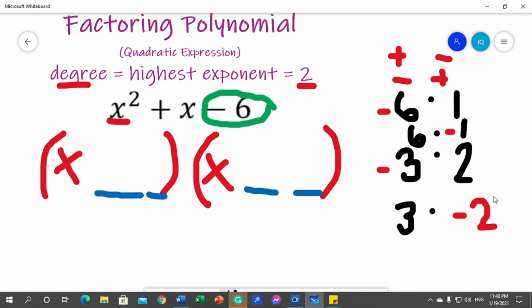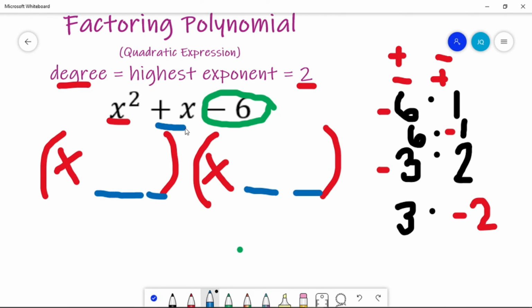So how are we going to determine which of these 4 factors of the constant term will be the right values to put here? Now let's look at the middle term. What is the numerical coefficient of this? When we say numerical, the number beside x. What is the number beside x? You cannot see it, right?